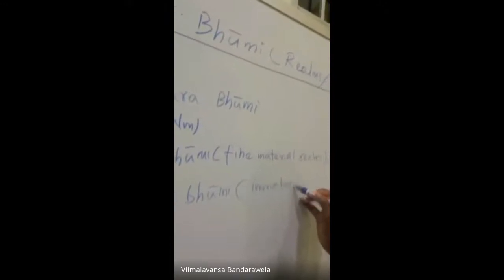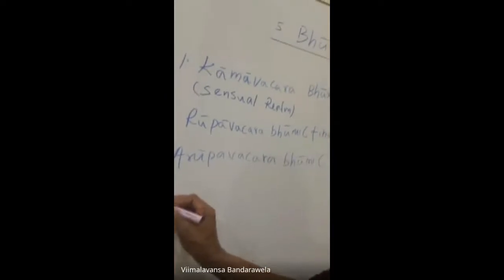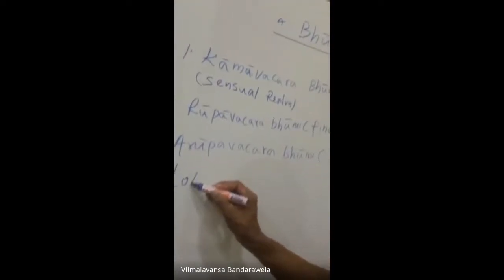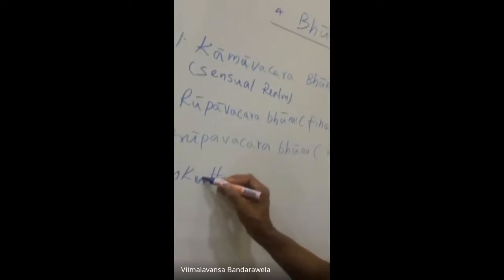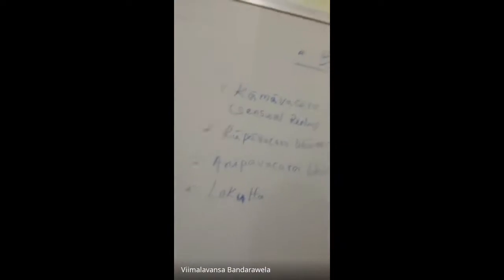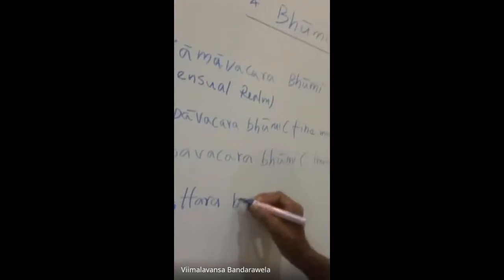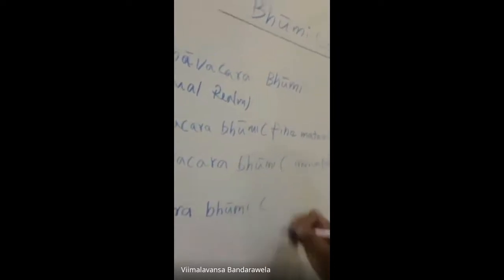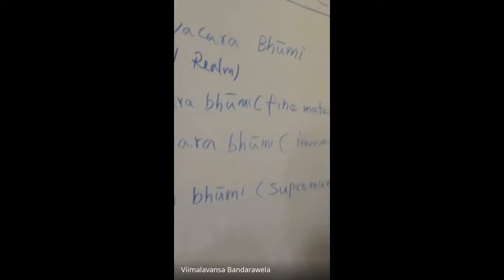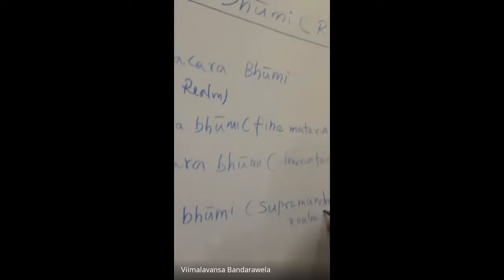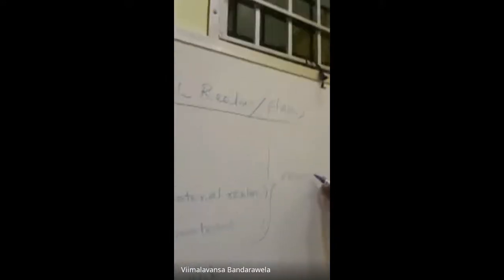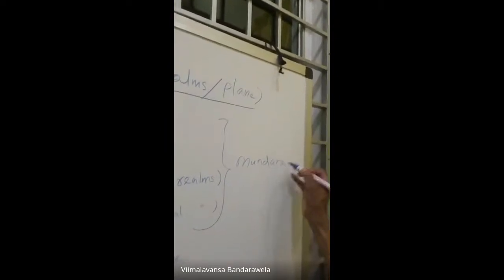The fourth bhumi is Lokuttara bhumi. Lokuttara bhumi means supramundane realm. So these others are the mundane realms.